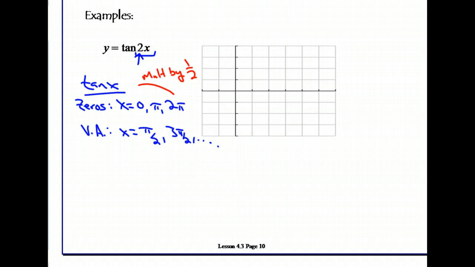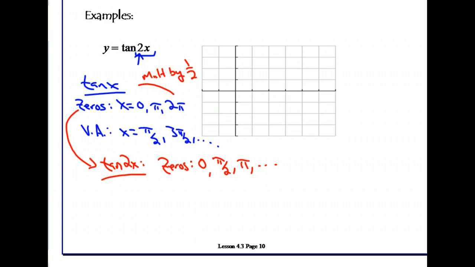And so now our new zeros for the tangent of 2x, because it's occurring twice as frequently, our zeros will still be at 0. Multiply by 1/2, and we get pi halves. And we get pi. And the vertical asymptotes multiply by 1/2, and I get pi fourths, and I get 3 pi fourths, etc. So we come here, we label our graph.